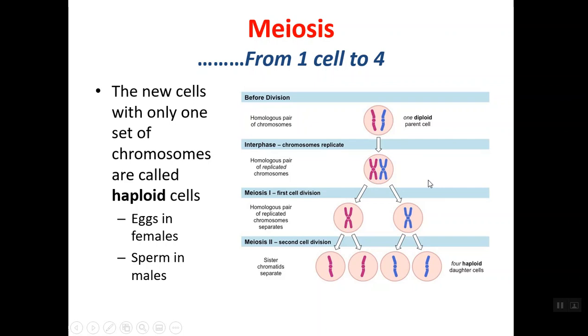So let's start looking at the big picture here, where you go from 1 cell, which is diploid, to 4 cells, which are haploid. And by doing so, you're able to cut down your number of chromosomes in half. Now, this cut of the number of chromosomes in half is not random. It is a very precise process.